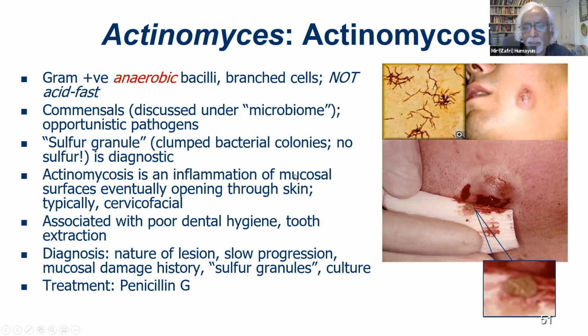Actinomycosis is an inflammation of the mucosal surfaces. An example of a mucosal surface is the inside lining of your mouth. That's a mucosal surface. An infection of mucosal surfaces occurs when there is damage of the mucosal surfaces. Typically, your mucosal surface is damaged during, for example, botched dental procedures, okay? Or some sort of injury that you suffer that affects the mucosal surface of your mouth, which allows the normal inhabitants of the mouth to invade the deeper tissues and cause an infection.